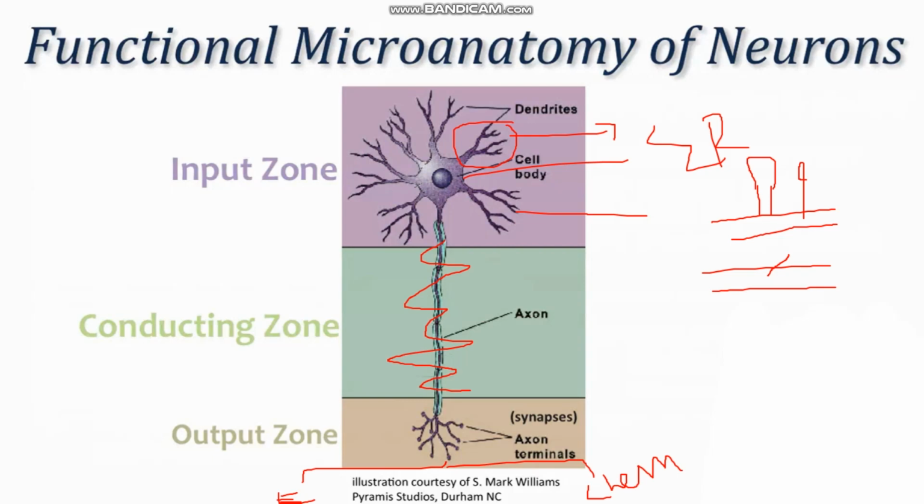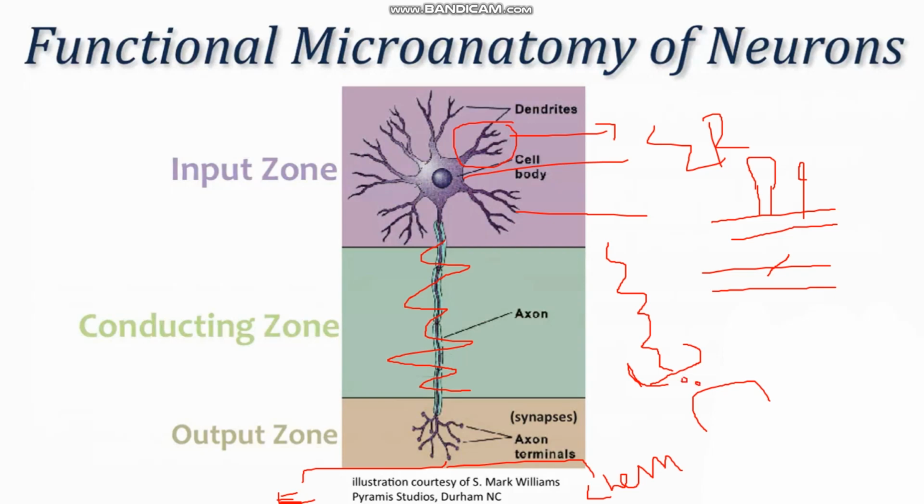If we talk about chemical synapses, you will see that there is one nerve ending, there is one neuron, there is another neuron, and there is a free space. We call this free space a synaptic cleft. The electrical impulse will come from the axon to this nerve ending, and from this nerve ending it will release a neurotransmitter, and this neurotransmitter is a chemical.